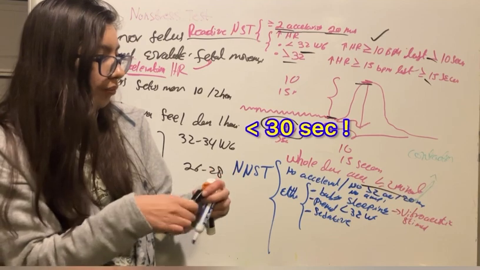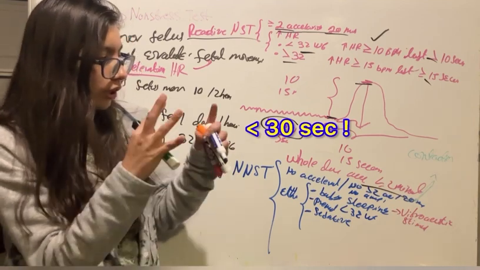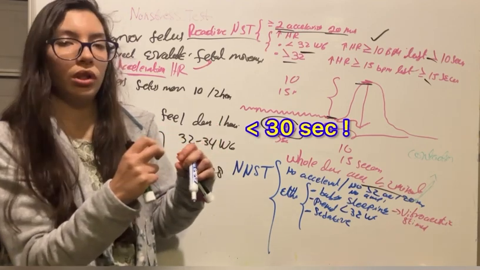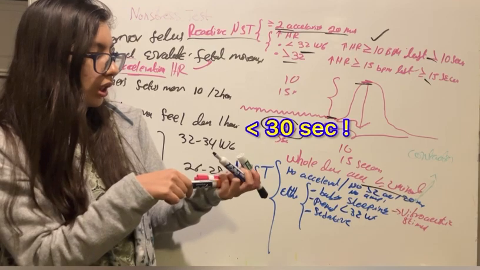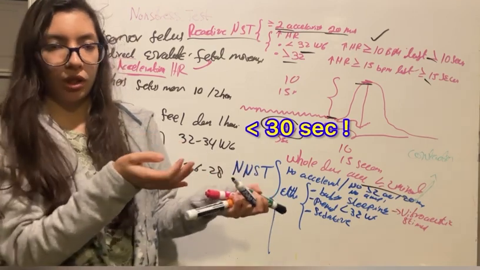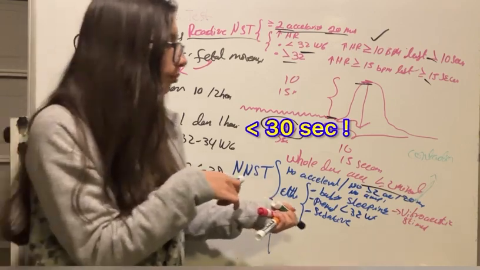So giving some oxytocin to the pregnant lady to have contractions of the uterus, and in response to the contractions of the uterus, we should see early decelerations, which we reviewed in the previous videos.